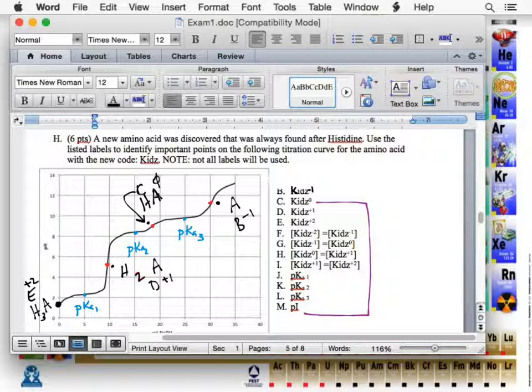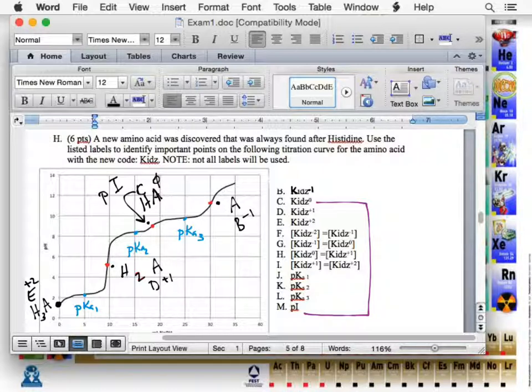K and L. I see your reference now. K and L, yes. pKa 2 and pKa 3 would get me my PI. So I could also say that this is my PI here. So I have a numerical value for the PI by looking at those individual points.